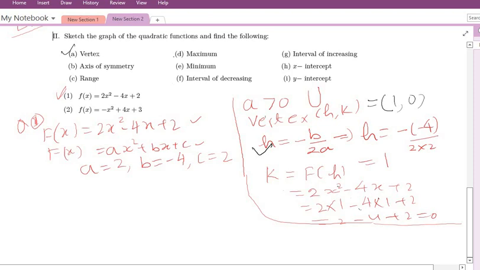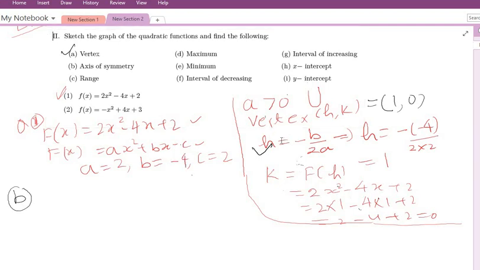Now the B part, axis of symmetry. Here A is the a value.